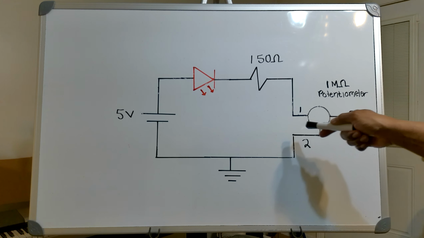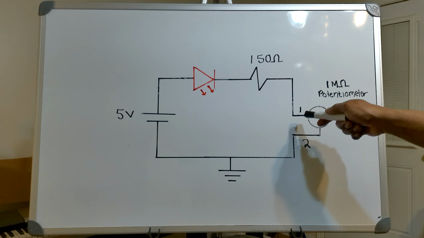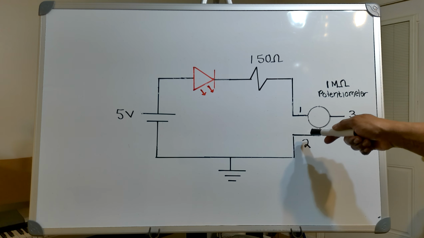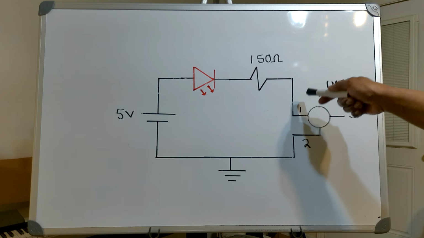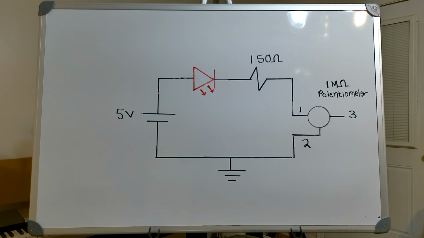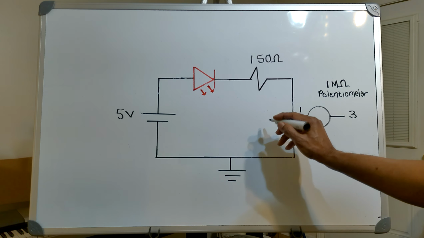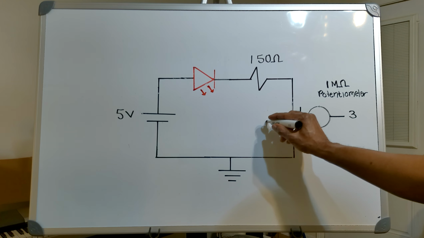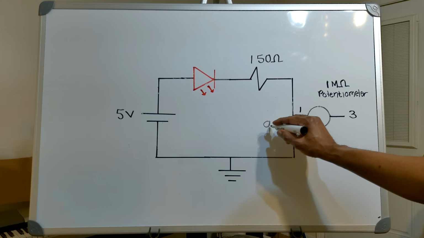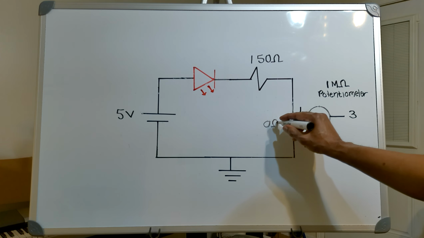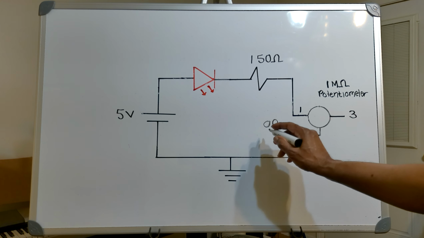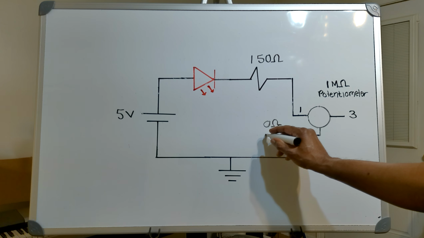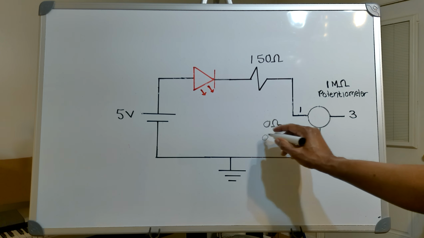Now, if the resistance across pins 1 and 2 is 0 ohms, then I have about 0 volts.